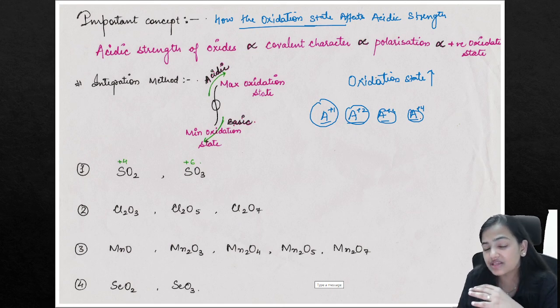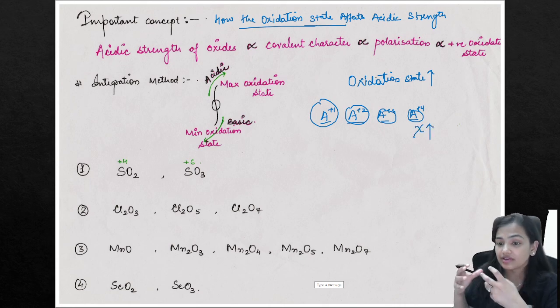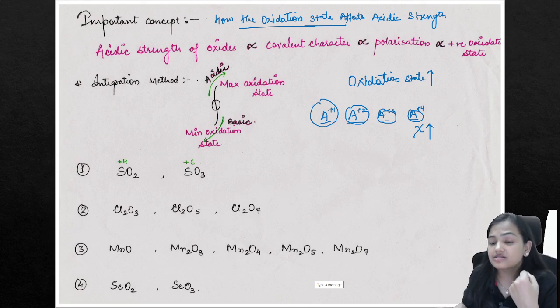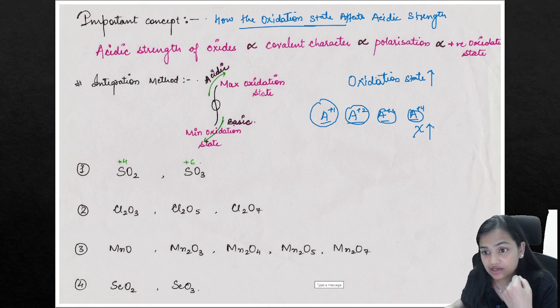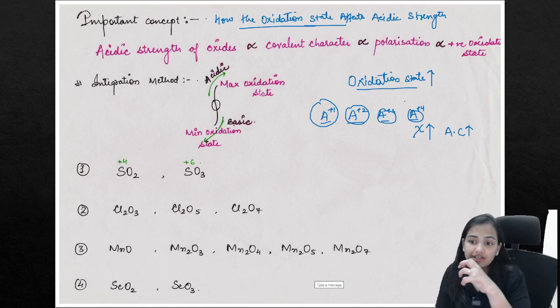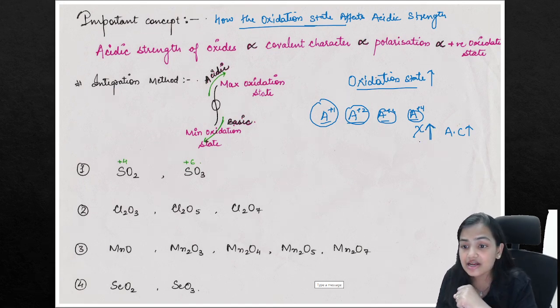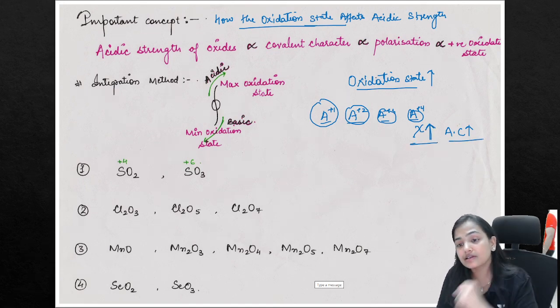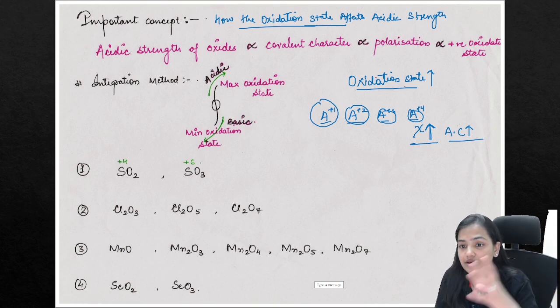As the size becomes small, its electronegativity increases, meaning the ability to pull the shared pair of electrons increases, and therefore the acidic character increases. So we can simply say that as the oxidation state increases, the acidic character increases.